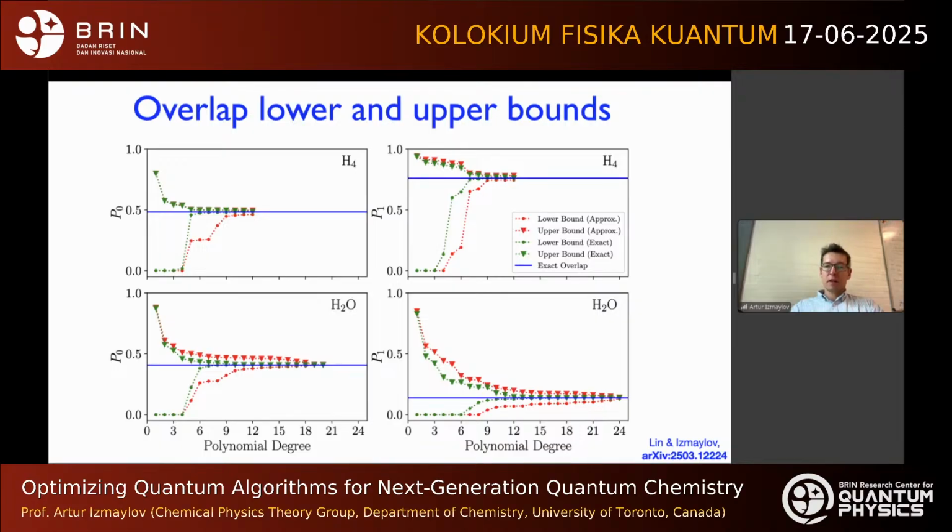The curves correspond to lower and upper bounds. Whether we have exact eigenvalues or approximate eigenvalues, you can see we can converge, and the way we do the convergence is we increase the polynomial degree. So essentially, the higher the polynomial degree, the easier it is to approach the exact value.